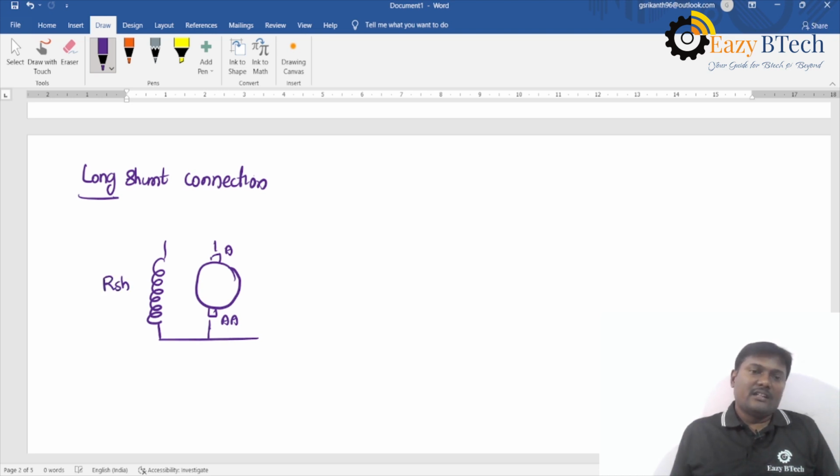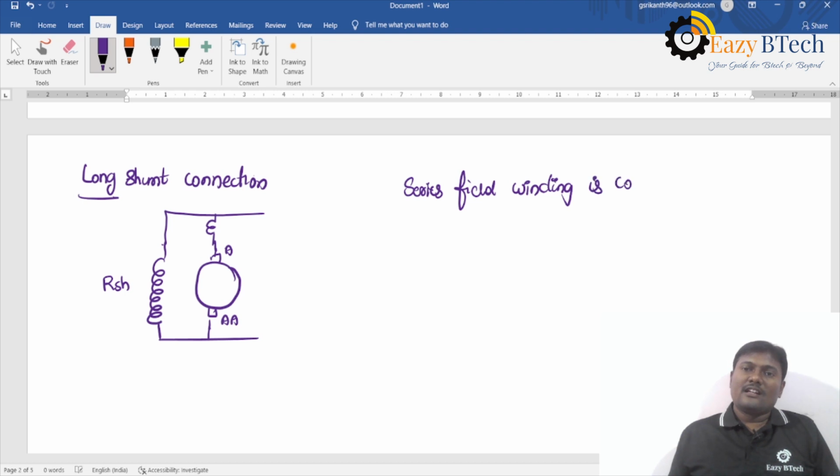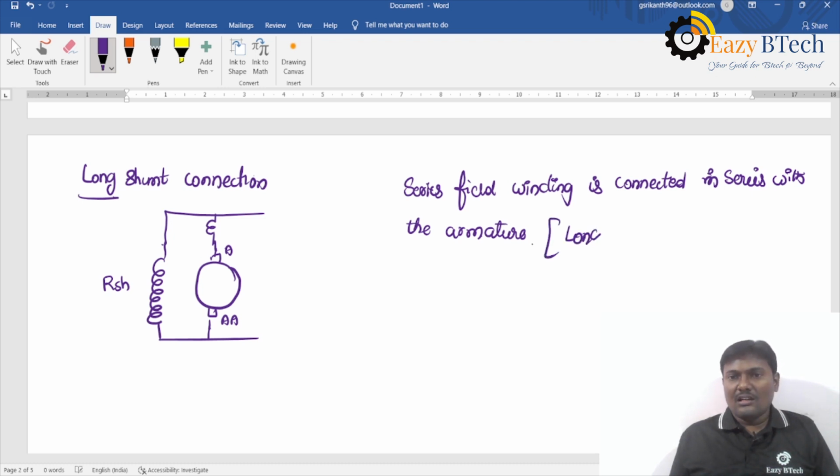And one more winding is also there, that is the series field winding, which is connected in series with the armature. This type of connection is called the long shunt connection.